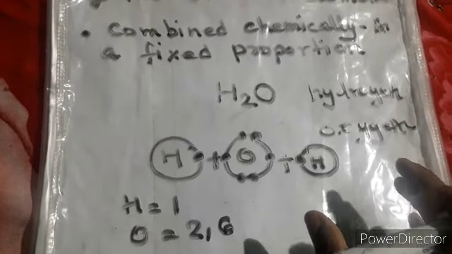Now the point is that these are the elements that were present. In this particular example we have two kinds of atoms, but in other examples we can have more than two. We'll see that also. But our point is that they are combining together in a fixed proportion by weight.